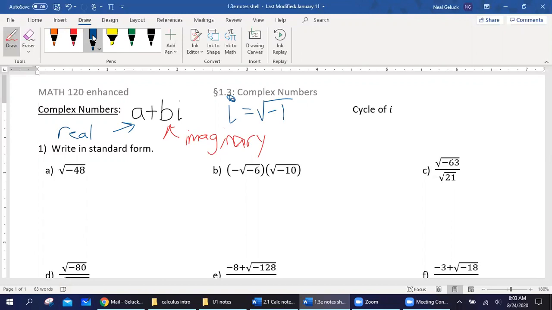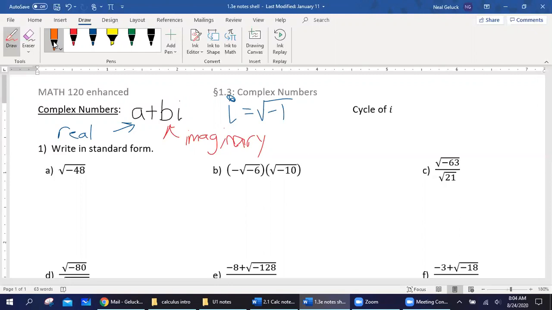So you were told, don't take the square roots of negatives. You can't do it. You technically can. It just requires a different idea of what a number is, or not really a different idea, a more expanded idea. So complex numbers encompass both the real and the imaginaries and combinations of those.